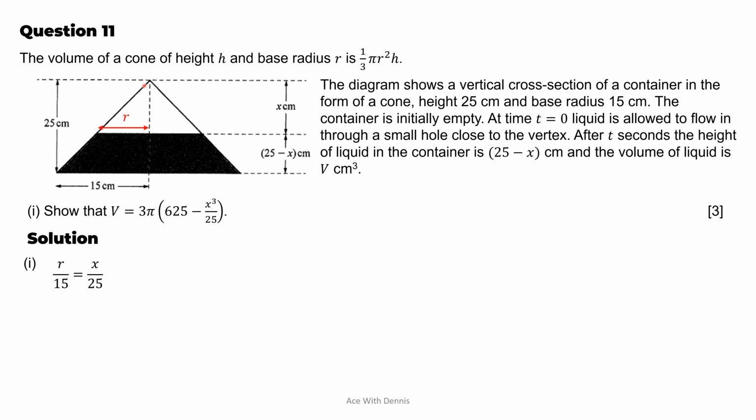Okay, the r is the base of the smaller triangle, and 15 is the base of the bigger triangle. Then we make r the subject. It equals 15 over 25 x. We simplify, r equals 3 over 5 x. Now we can apply the formula of the cone. So v equals 1/3 pi r squared h.